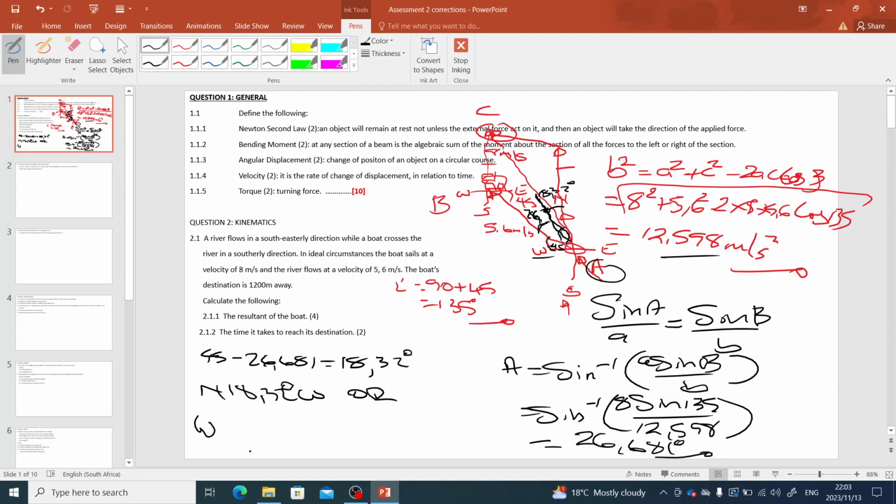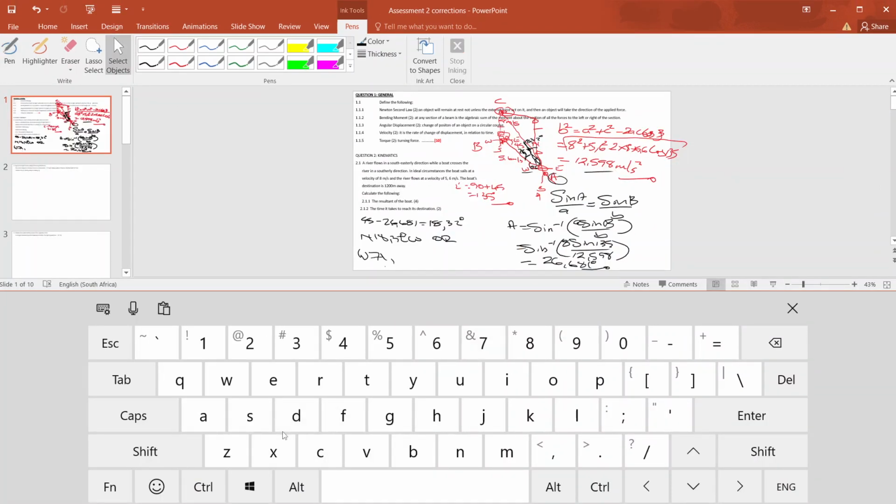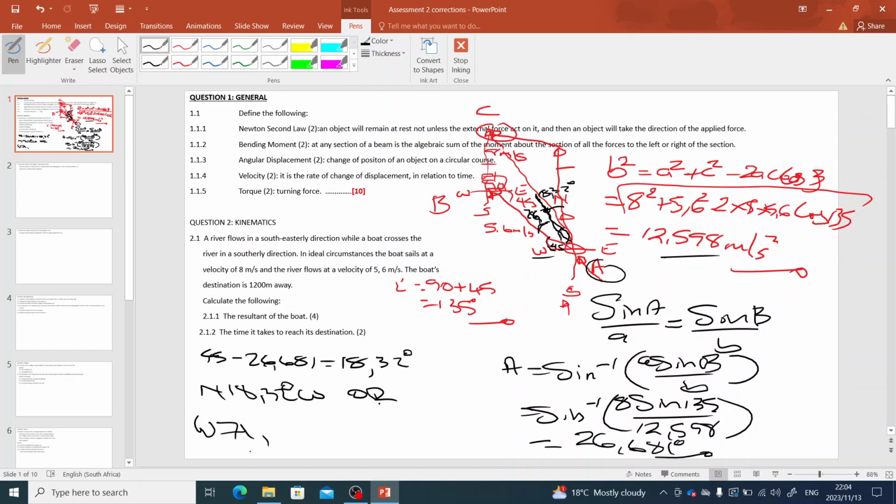Let's add the two. It will be 45 plus 26.681 degrees, which gives us 71.681 degrees, so west 71.681 degrees north. Whether you indicate your direction with west as your reference point or north, it doesn't matter.